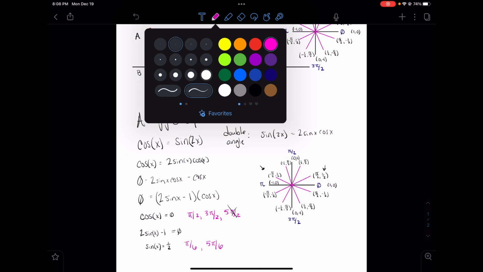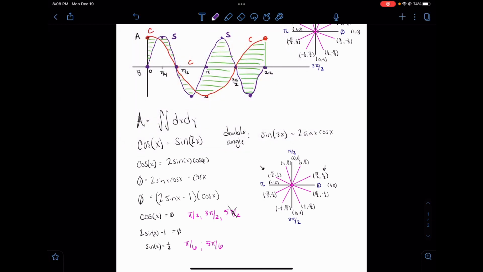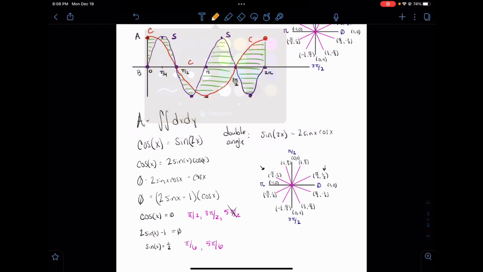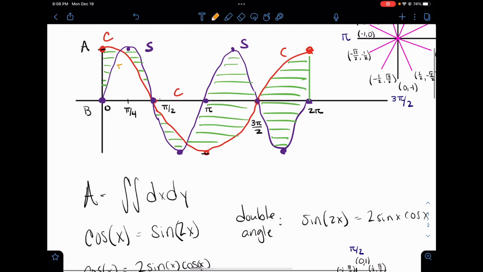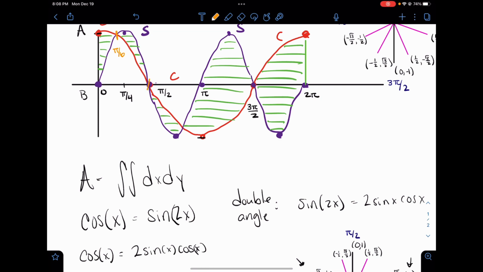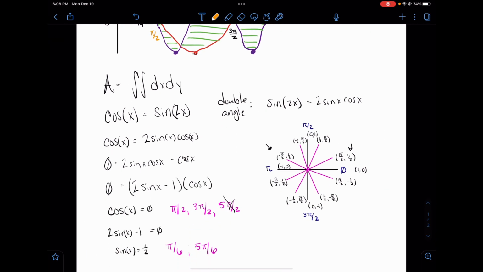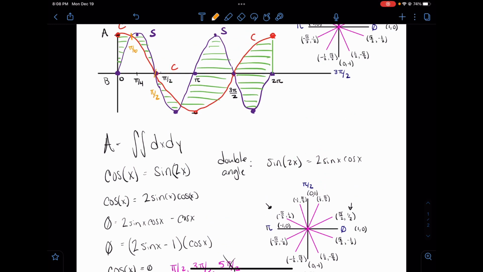And we can annotate that up here if you so choose. I'll use a different color, let's use red or orange maybe. We have pi over 6 is this intercept point right here. This intercept point right here is going to be pi over 2. Our next intercept point is right here, which is going to be 5 pi over 6.